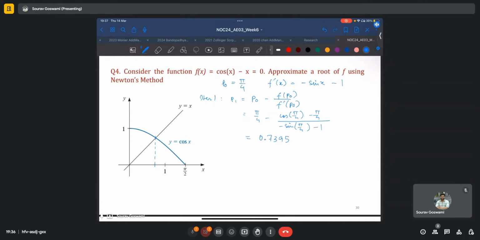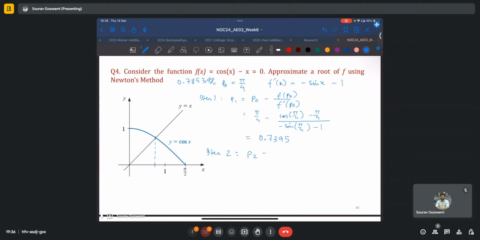By the way, pi by 4 itself is 0.785398. Okay, so this value is radically different from p naught, I don't think, even for any given tolerance. We are close enough, so we should perform a second iterative step.